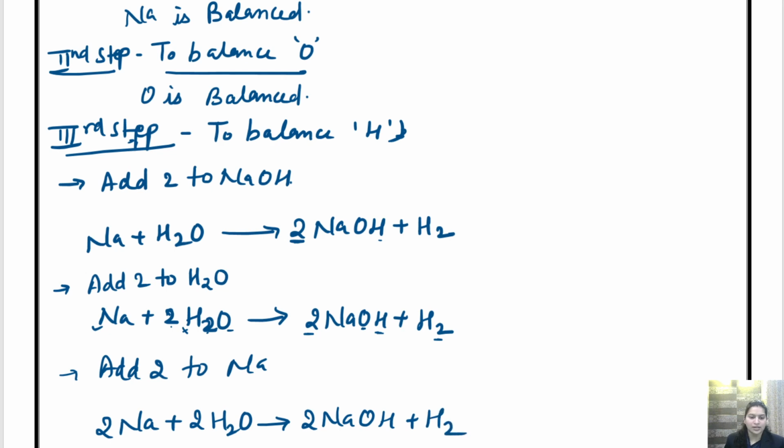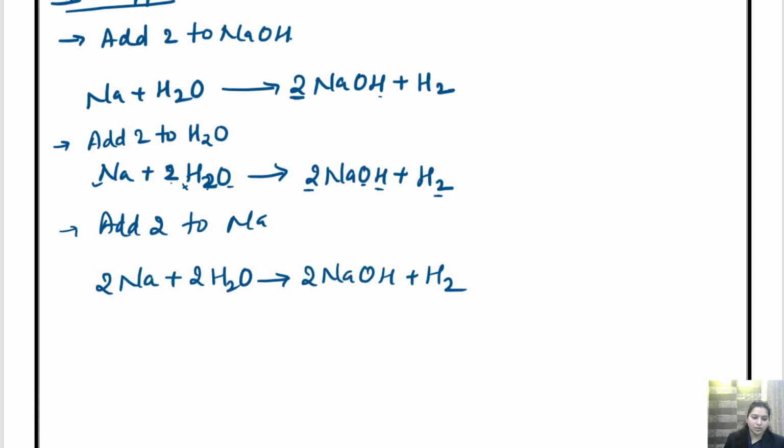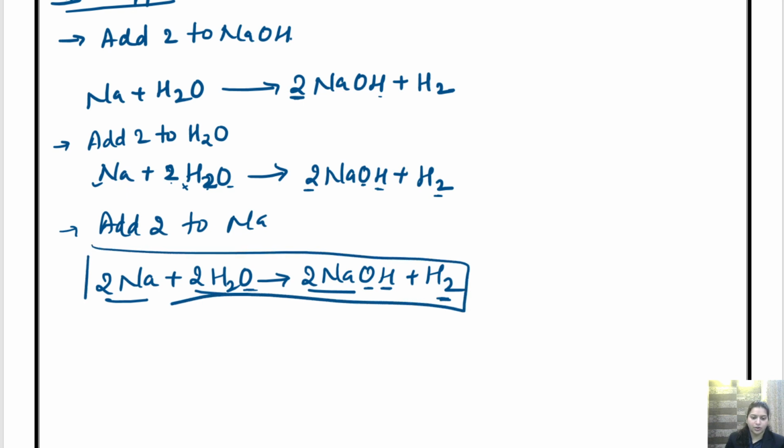Now see, is it a balanced equation? 2 sodium, 2 sodium, 4 hydrogen, 2 here and 2 here, 4 hydrogen, 2 oxygen and 2 oxygen. Yes, it is a balanced equation. Okay, so what is the correct answer?